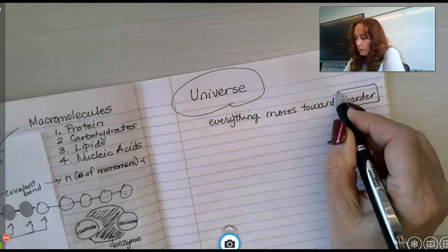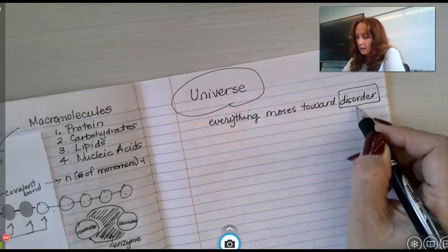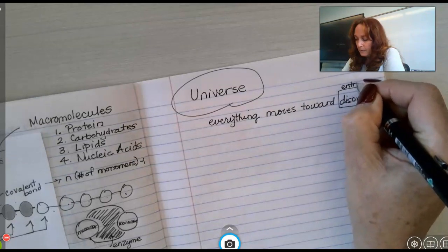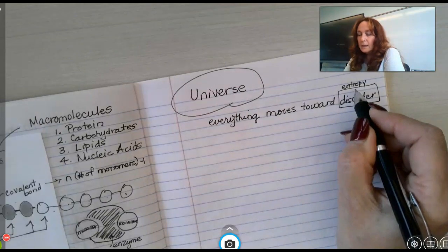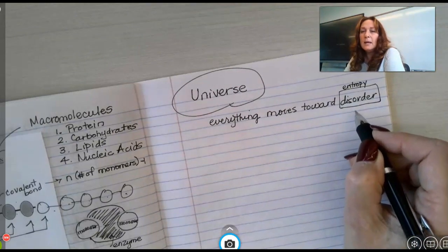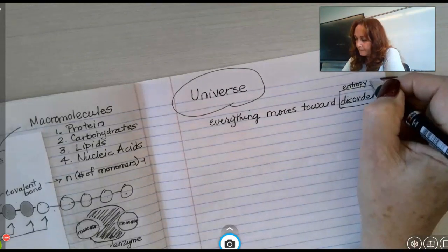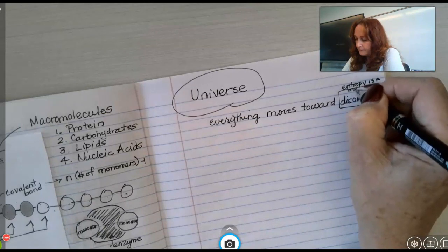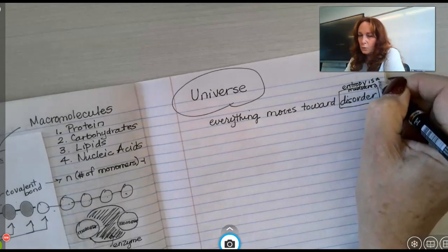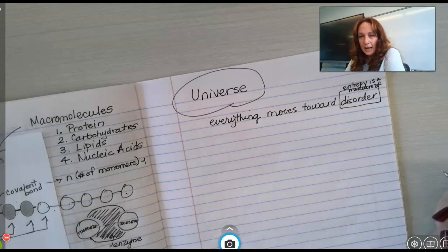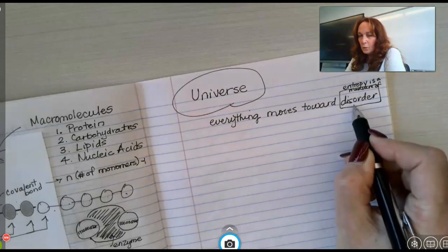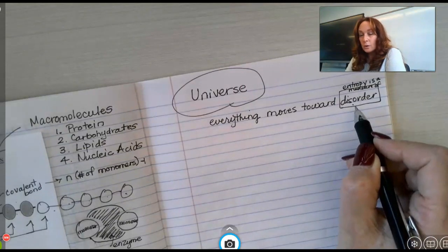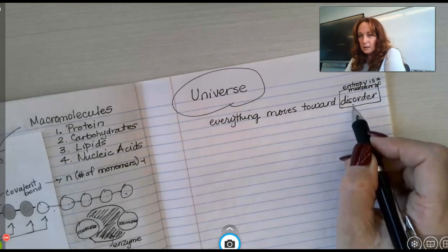Disorder is the same exact thing as entropy, and we talk about this a lot. Entropy is a measure of disorder. High entropy, high disorder. You only move from disorder to order by adding energy to a system.